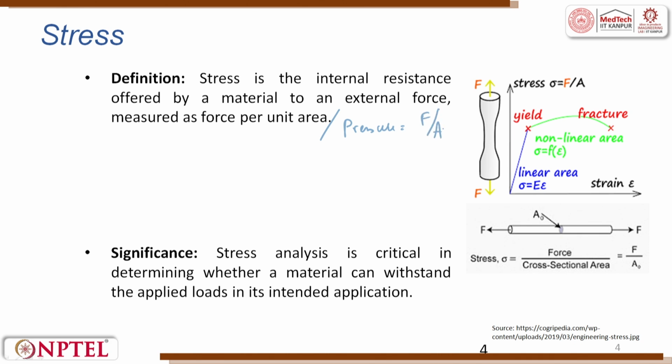Stress is also force per unit area. Stress is always denoted by the term sigma, which is nothing but force per unit area. So, what will be the units? The units will be Newton per millimeter square or Newton per meter square.